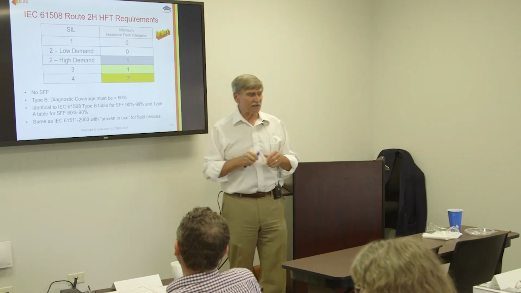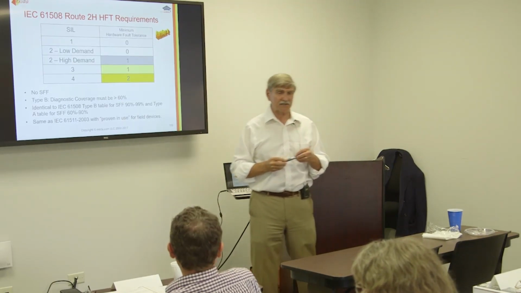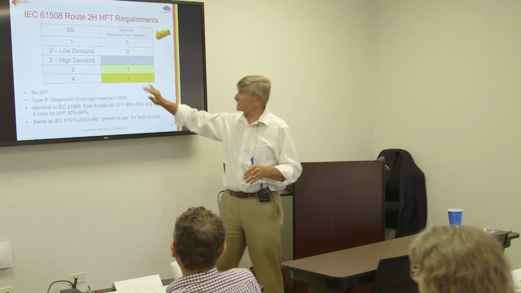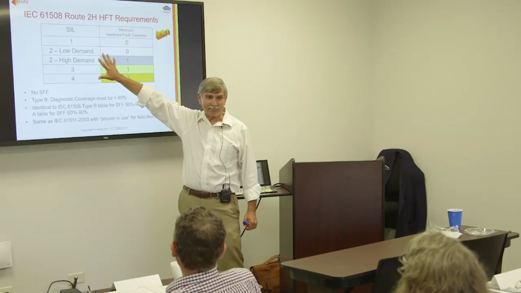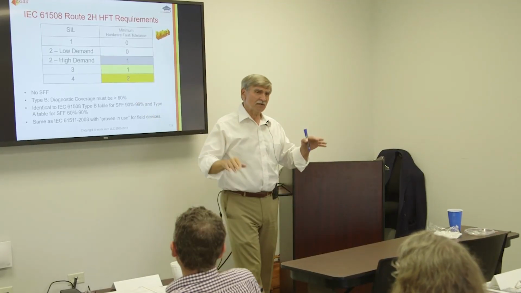One of the reasons I say the safe failure fraction metric is dead is that in the new process industry standard, they've replaced the old charts with just a copy of this, period. That's it. No safe failure fraction.